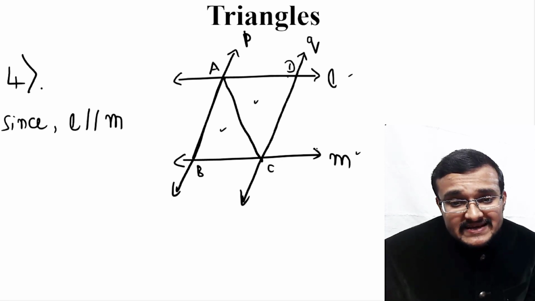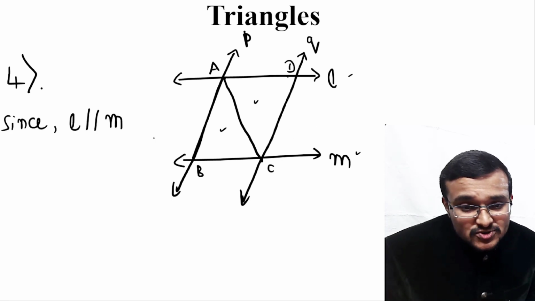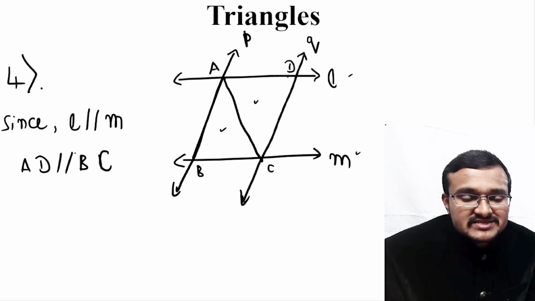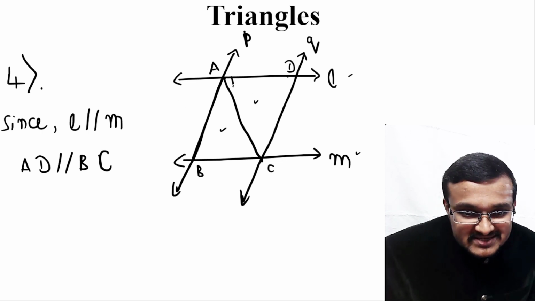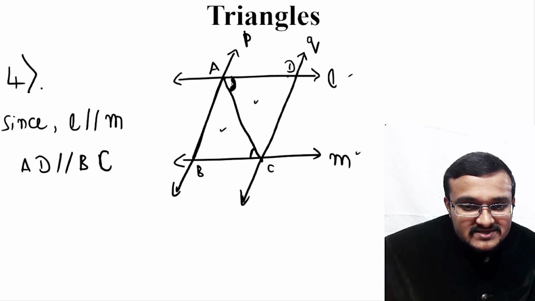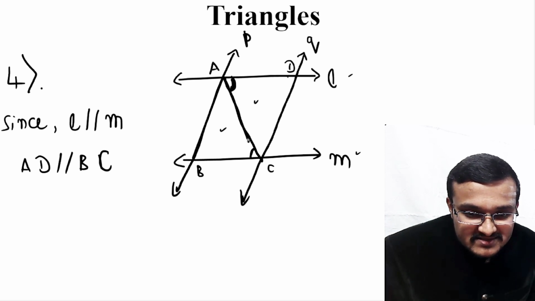Since L and M are parallel to each other, AD will be parallel to BC because AD and BC are lying on L and M. AD is parallel to BC means these two angles act as alternate angles because AC is a transversal line like this.